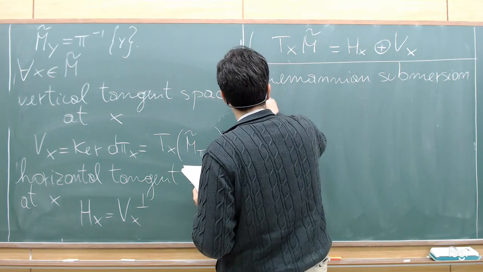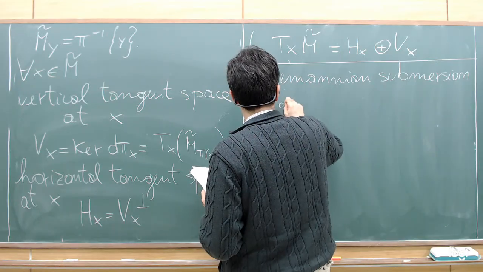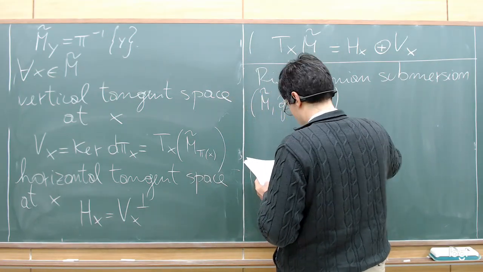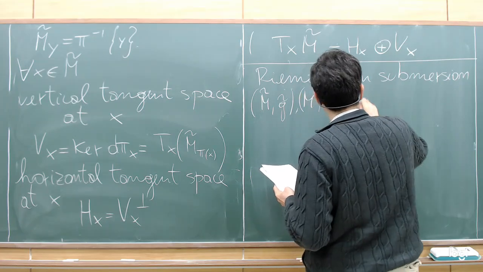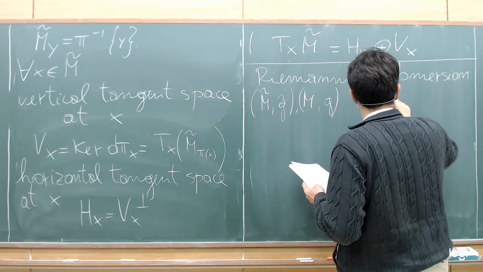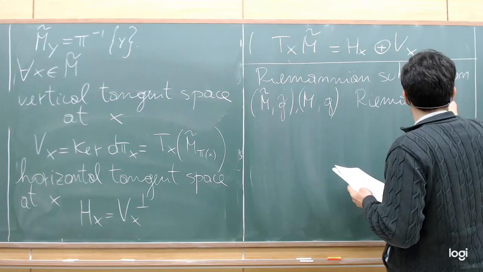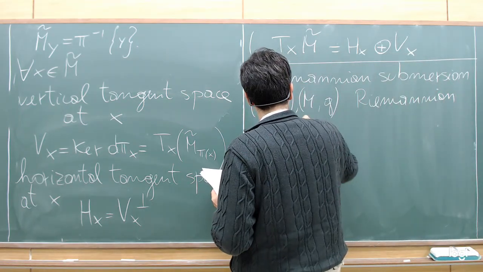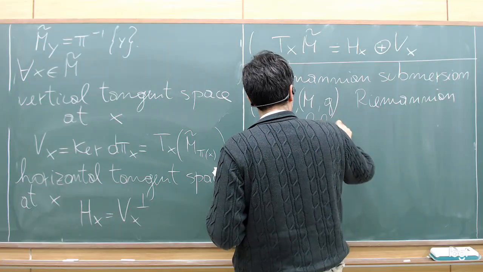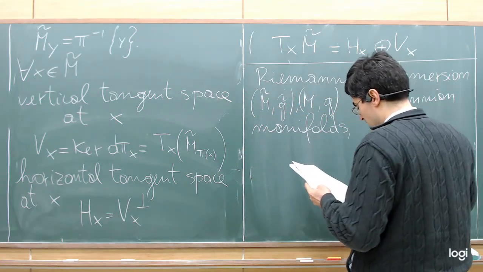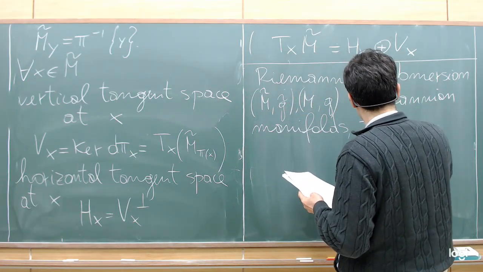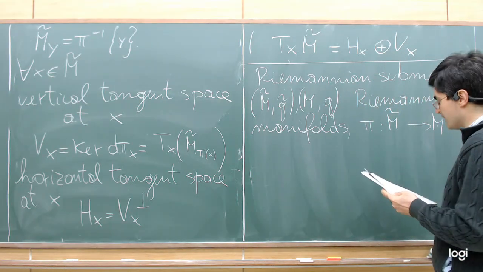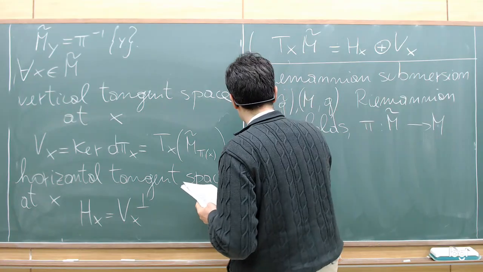So suppose that M tilde, G tilde, and M, G are Riemannian manifolds, and pi is a smooth submersion as before.